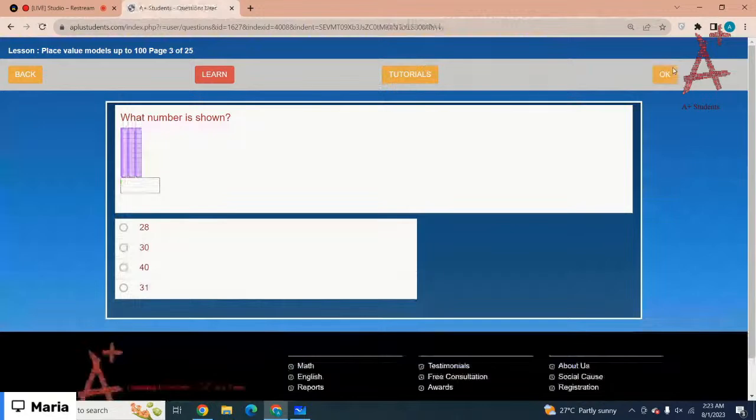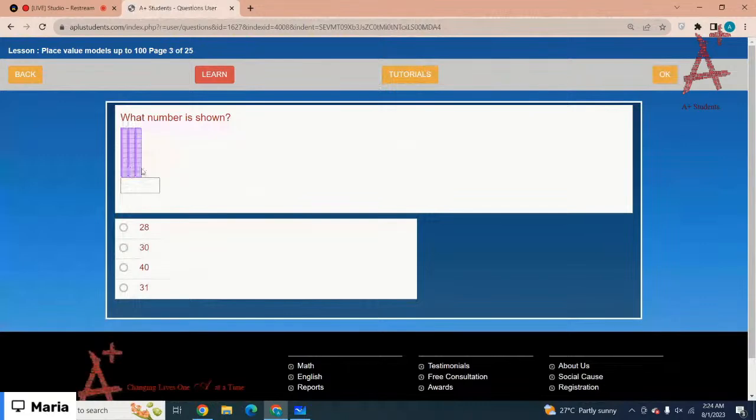Okay, what number is shown? Okay, you can see you have three lines that represent 10. 1, 2, 3. You have three lines that represent tens.